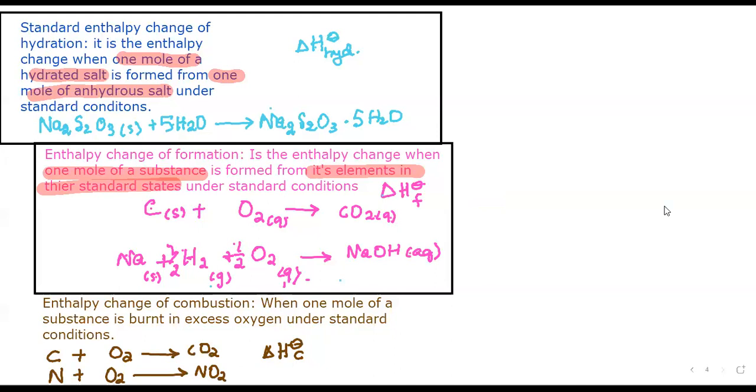Now, there is another formula for heat energy that you would have studied in your previous years.